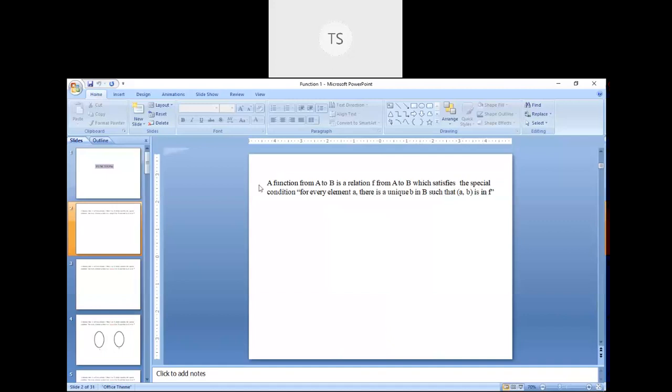So a function is a relation with a special condition. For every relation we have two sets A and B. Here the special condition is that for every element of the first set A we have a unique element in the second set B.